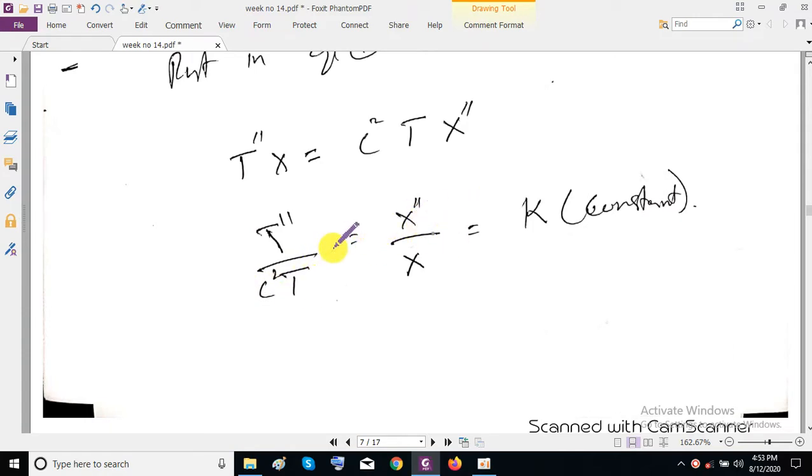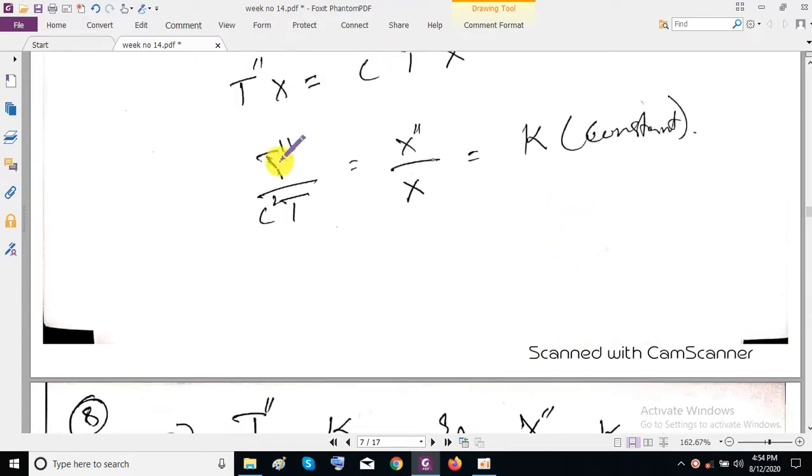So remove this difficulty, or remove this contrary, we put these two are equal to k. ये दोनों constant, ये दोनों equation k के equal है. So now in this case it is right, okay, फिर ये t बन जाता है, so that we write equal to k.